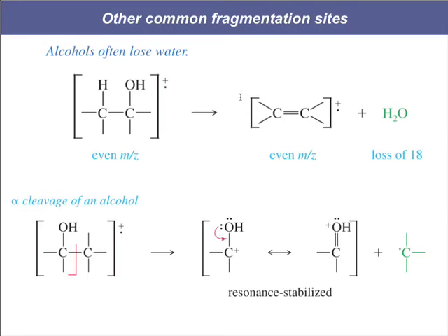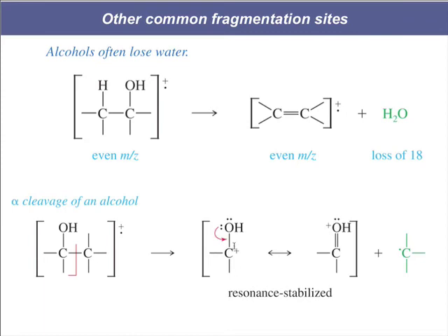So sometimes you will find that your parent or other fragments are 18 less than they should be, or 18 less than what might make sense. And you can explain that by suggesting that there was an alcohol on that fragment and it simply dehydrated in the machine. So look for dehydration. You can also, of course, look for that cleavage. Heteroatom, carbon, cleave.